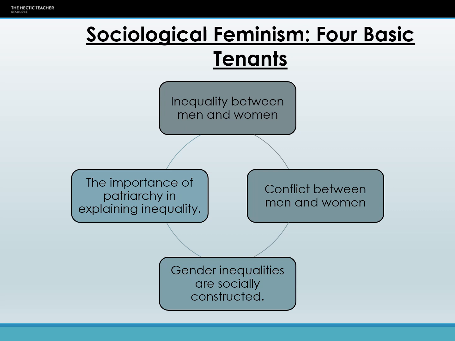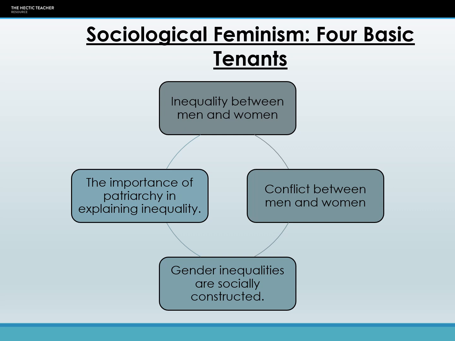Now, we'll come back to that later on in the course, but feminists argue that this biological determinism that shapes the gender role socialization of men and women is a complete social fabrication. And the fourth tenet is the importance of the concept of patriarchy, a system of social structures and practices in which men dominate, oppress, and exploit women for their own benefit.